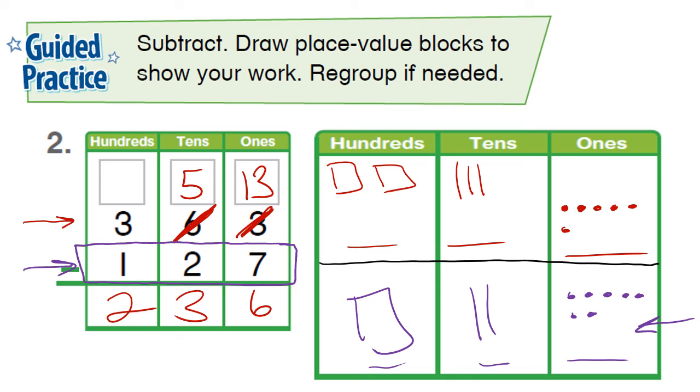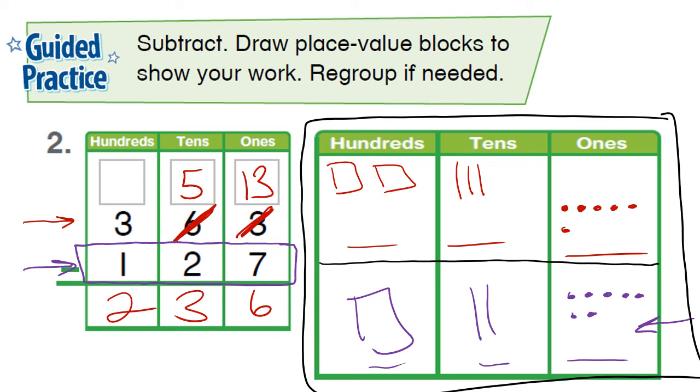Now, just to double check our work, we can add up everything in the entire chart, and we should get the minuend. We should come up with that larger number.